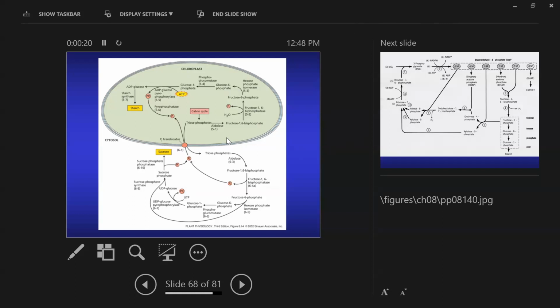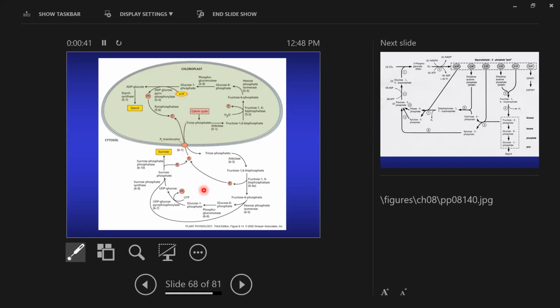And when we say export, we mean it's going into the cytoplasm. I didn't ask you to know these pathways in detail. It's just understand that if the plant says, I want to make sucrose, it has to export it out, and it's tightly controlled. You have this transmembrane protein that's going to control that process.